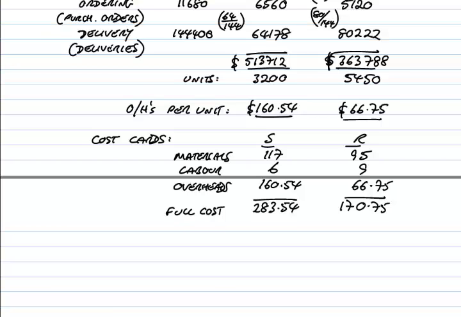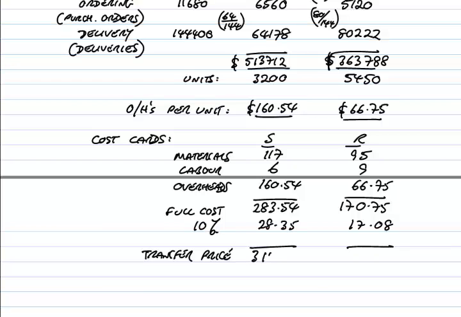To get the price they're charging the other division, add on the 10% profit again. And we get a transfer price this time. $311.89 for S, and for R 187.83. So that's part B done. 8 marks. I don't think that was too bad.